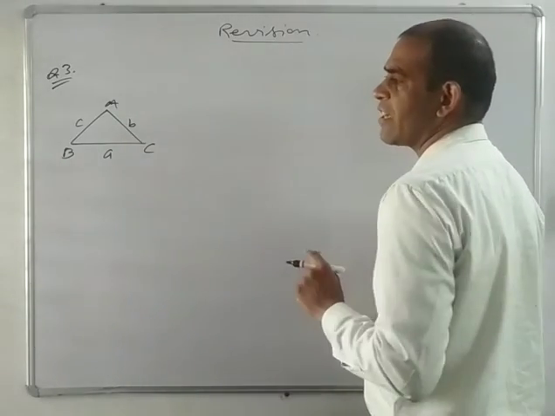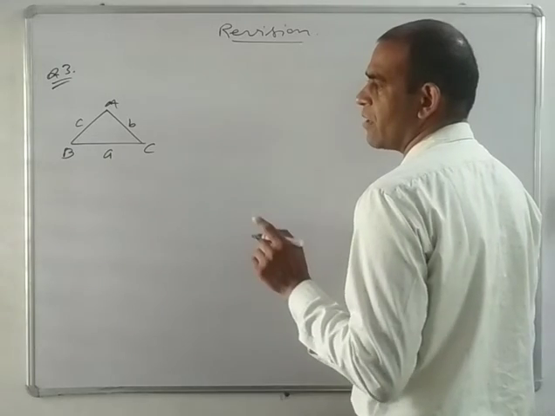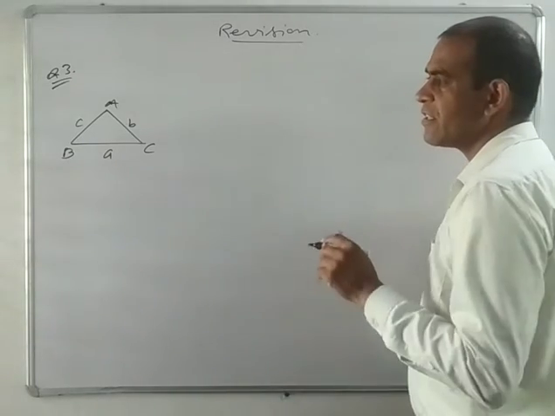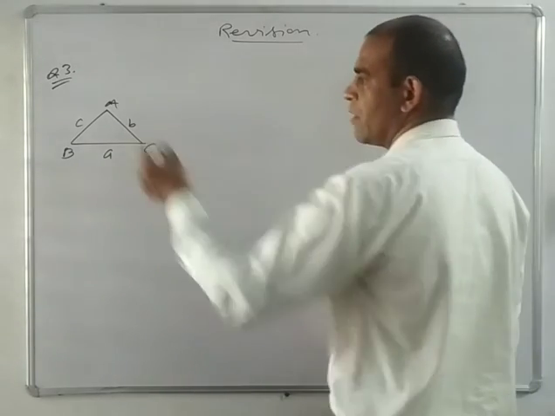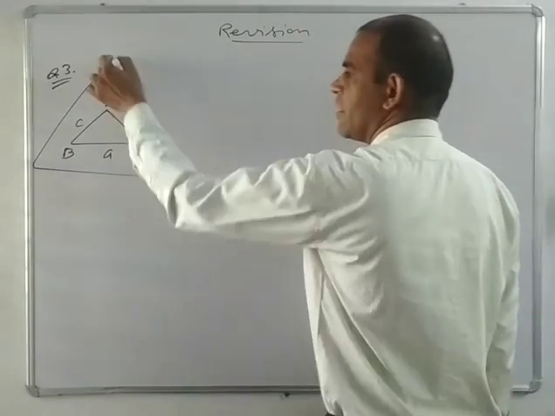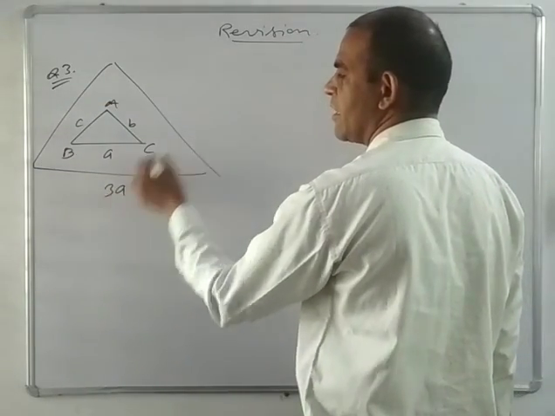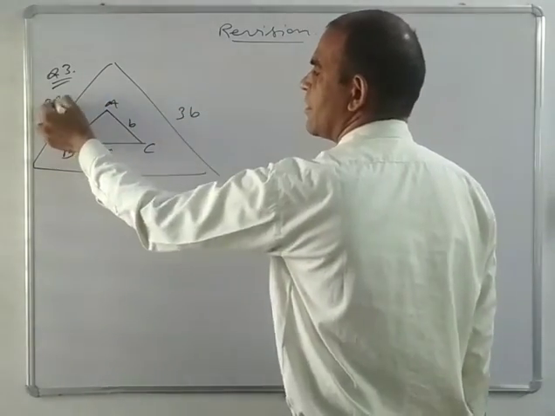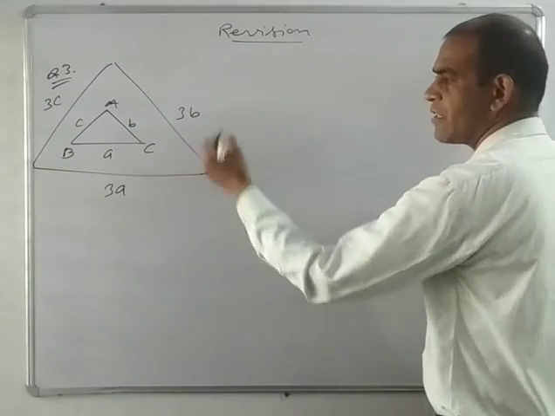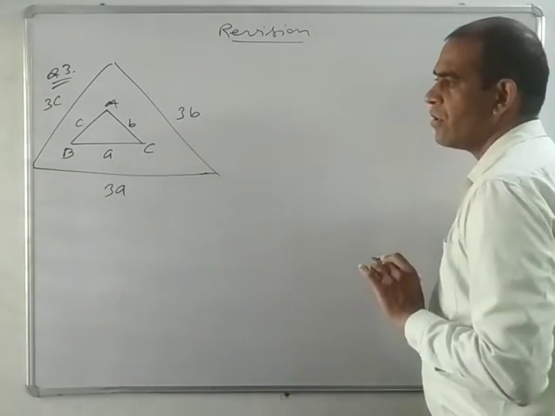If the sides of a triangle are tripled, that is 3a, 3b and 3c, then find the percentage increase in the area of the triangle.